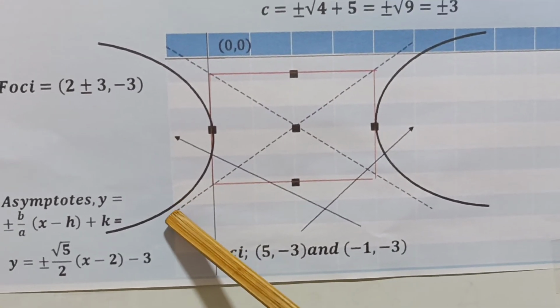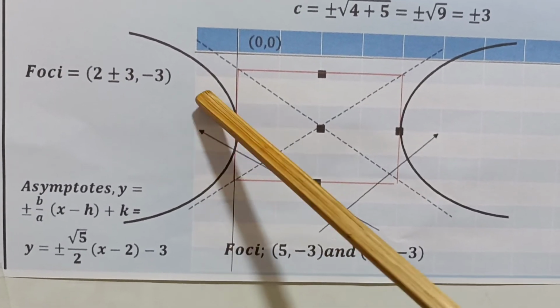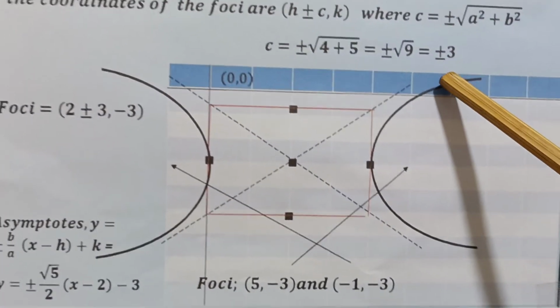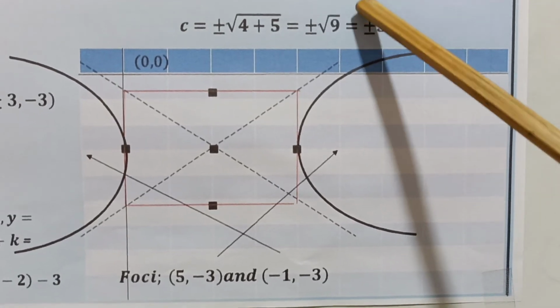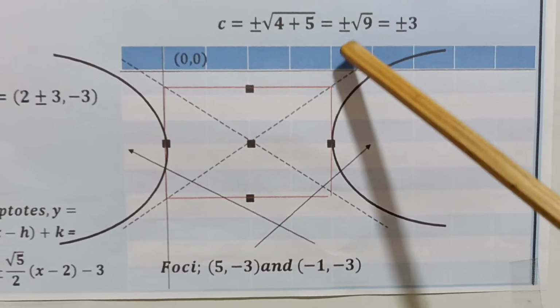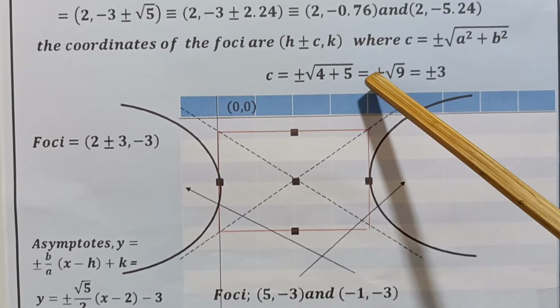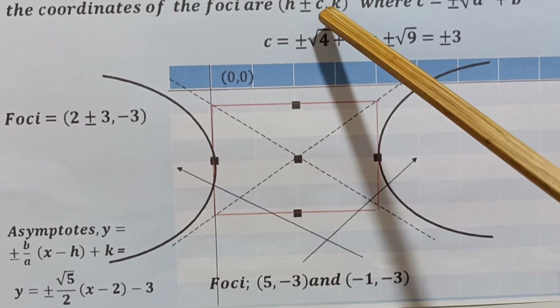Now the foci. If we substitute to the foci formula here, we get h plus or minus c, comma k.